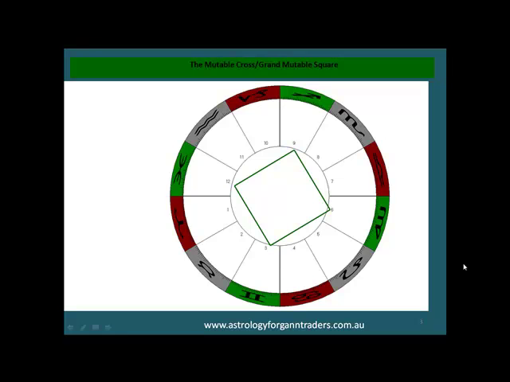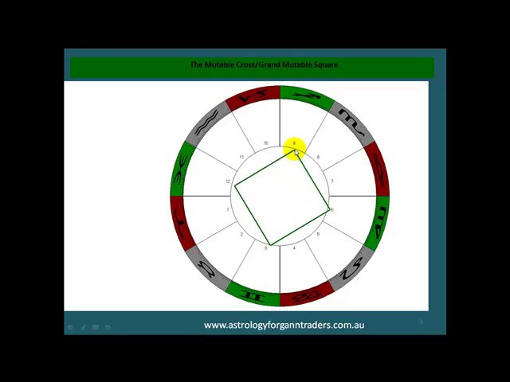Also, we need to understand the fundamental formations in the heavens, and here we have what is known as the mutable cross or the grand mutable square. You can see the square within the circle.